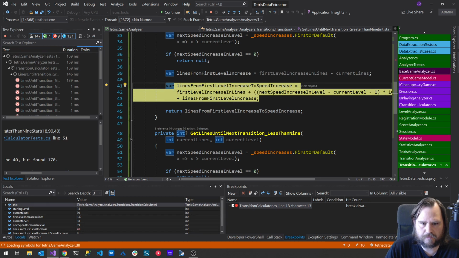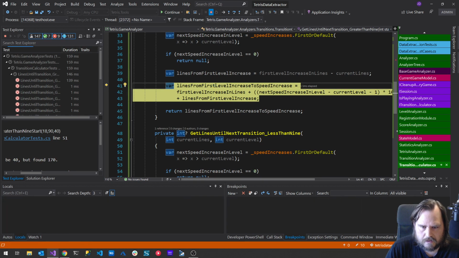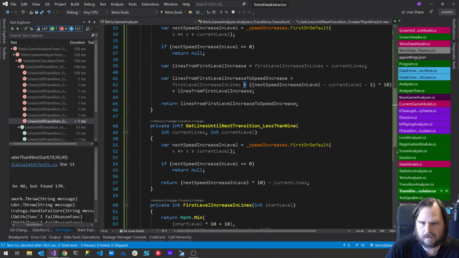So you're taking your first level increase in lines, and you're saying lines from first level increase. Interesting. I don't think I need this.